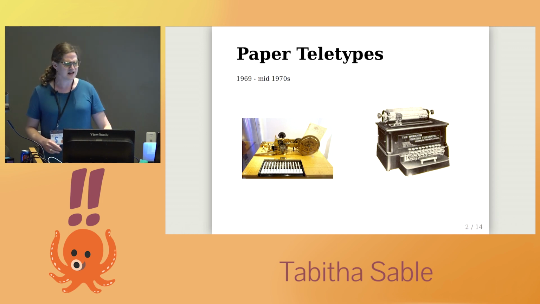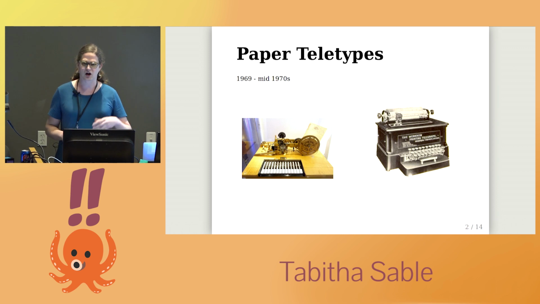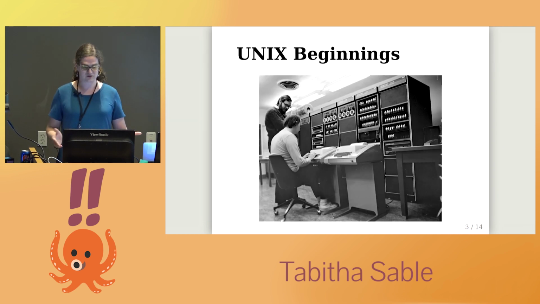And something like this, it's basically two connected electric typewriters. You type in Chicago and it shows up in LA. So by the mid-1960s, when computing was switching from batch-oriented to time-sharing, a teletype was the obvious choice for a user input device for a time-sharing system. And that gets us to the start of Unix.